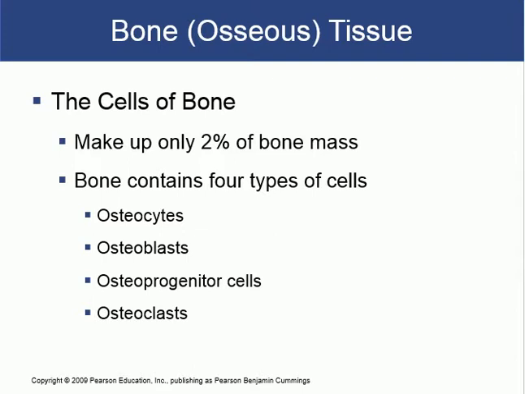Osteoprogenitor cells are the stem cells that are going to develop and become osteoblast. Okay, so osteoprogenitor cells, these are the stem cells, mesenchymal cells, same thing. Okay, so these are going to progenitor, progeneration, generating.